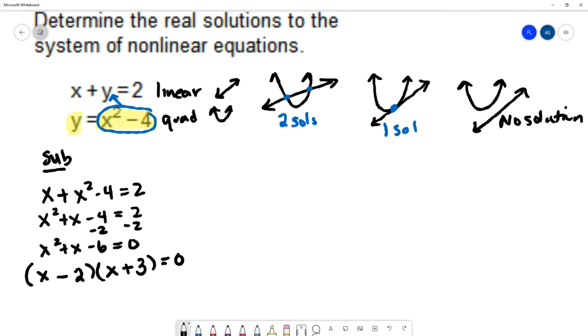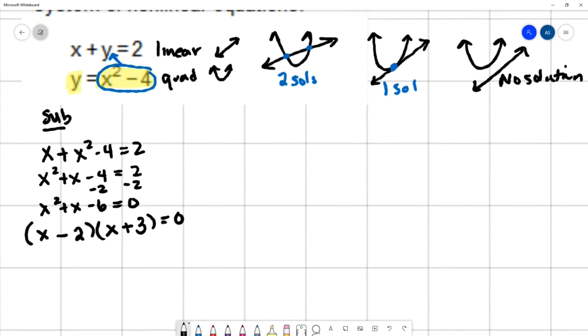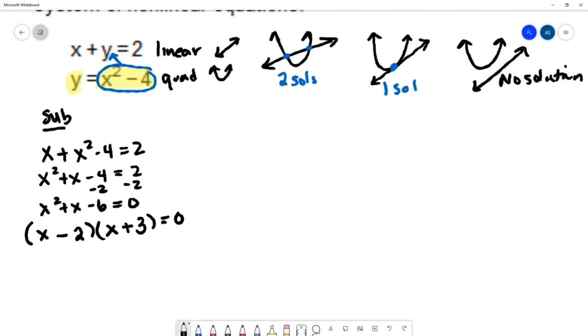Negative 2 plus positive 3 is going to give me the positive 1 in the middle. And negative 2 times positive 3 gives me the negative 6 at the end. So now I've got it completely factored, and I'll set each factor equal to 0. This is using the zero product property.